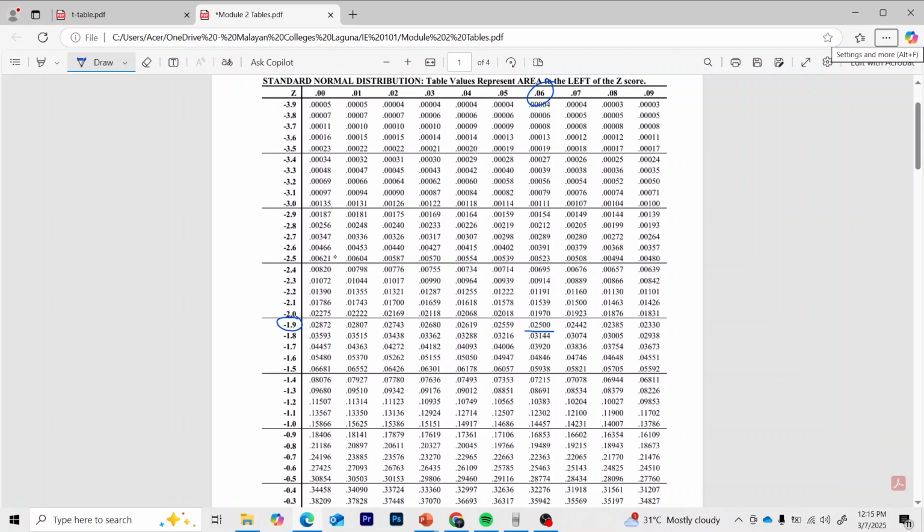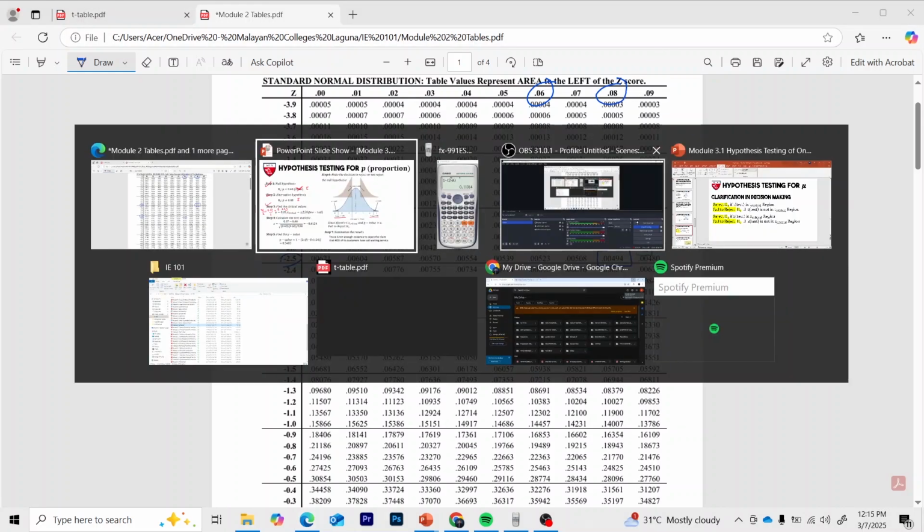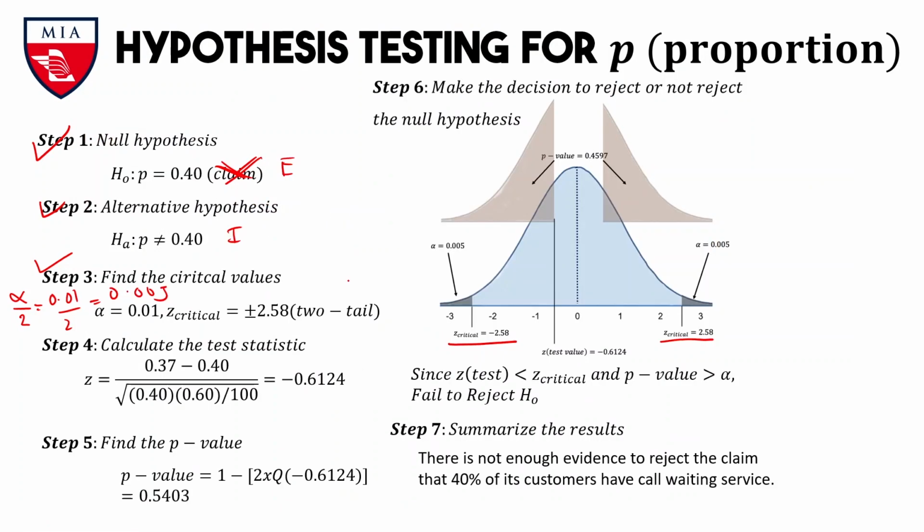So we have this value, 0.00494. It is under negative 2.5 and 0.08. Therefore, the value of our z critical is positive negative 2.58.